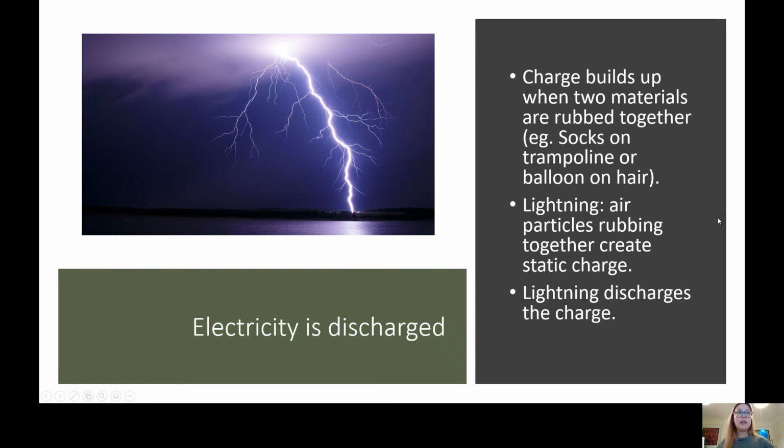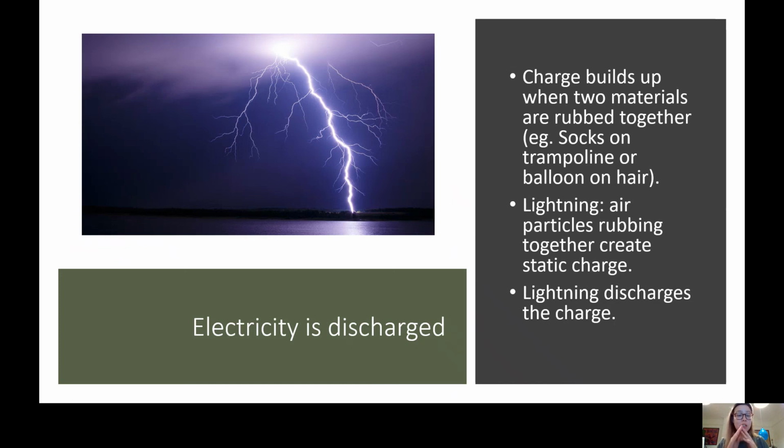Finally, let's learn a little bit about how electricity is discharged. The most famous example of this in nature is lightning, which is very dramatic. Charge builds up when two materials are rubbed together, for example, socks on trampoline or balloon on hair. But on a larger scale, it happens in lightning when air particles rub together to create a static charge.